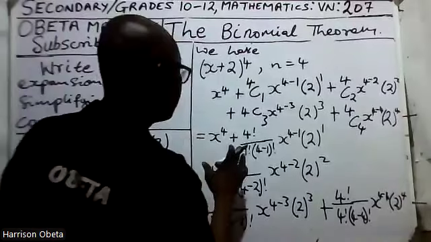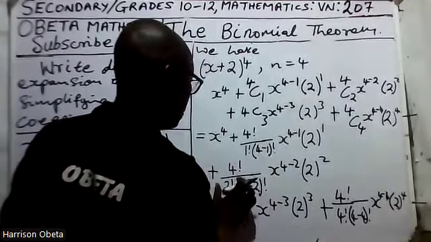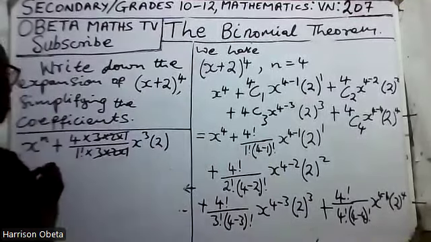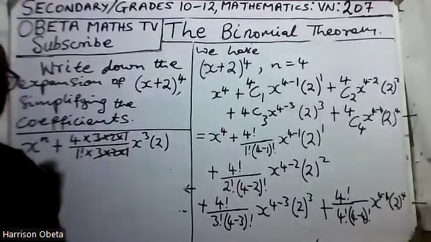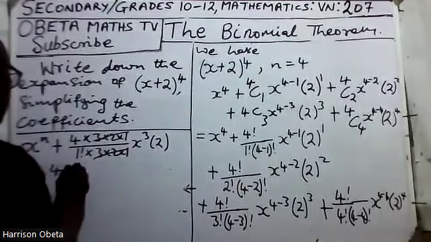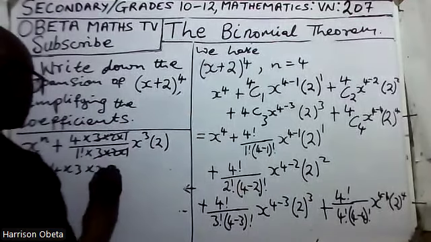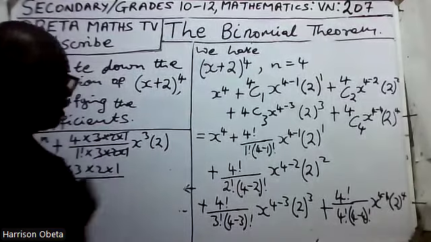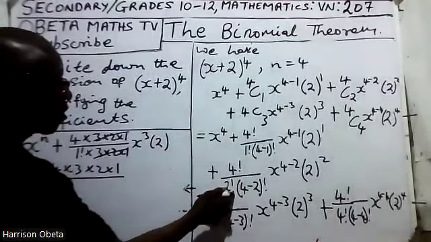We have solved this. We are now coming over to this. That will be plus 4 times 3 times 2 times 1 all over 2 factorial from here.